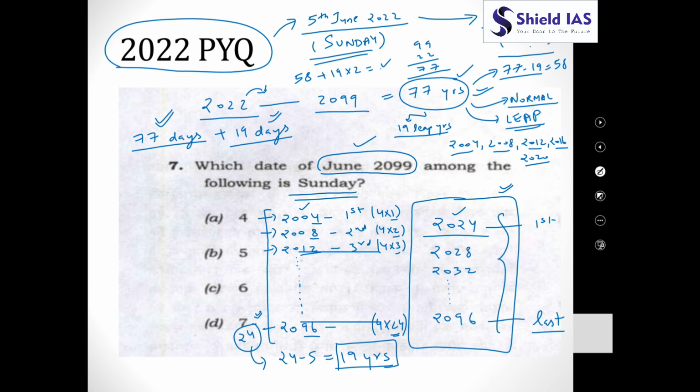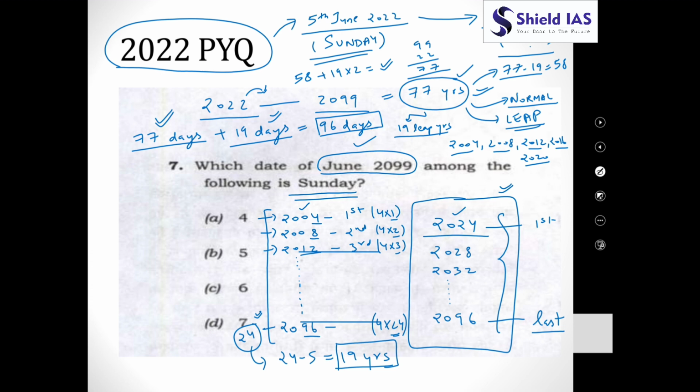So this will also give the same answer. Either way the answer would be the same. So 77 days plus 19 days comes out to be how much? It comes out to be 96 days. So 96 days is the number of days that are between what?